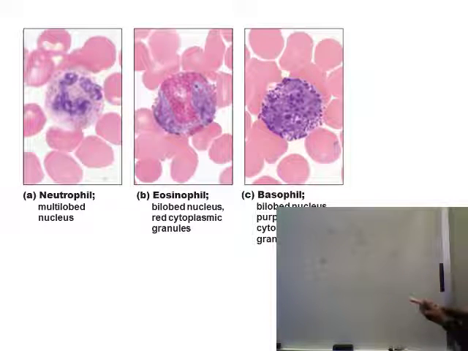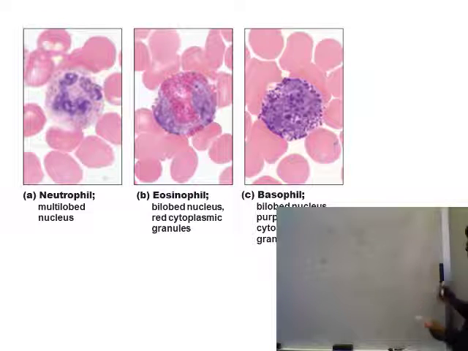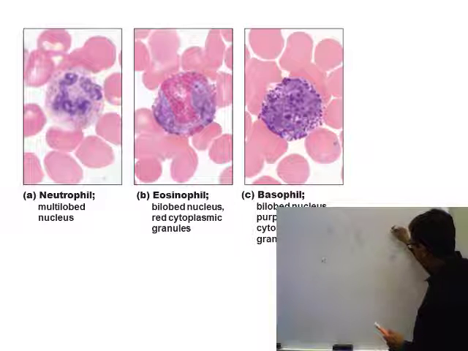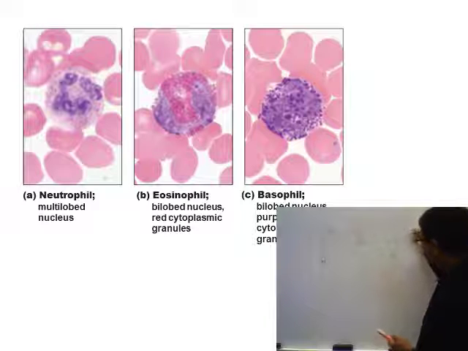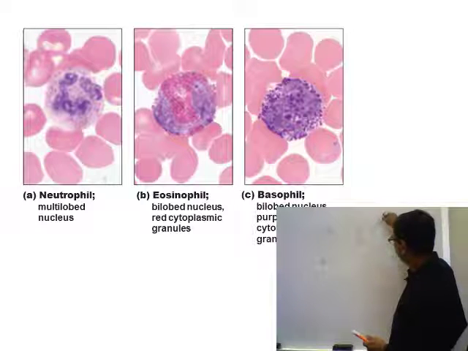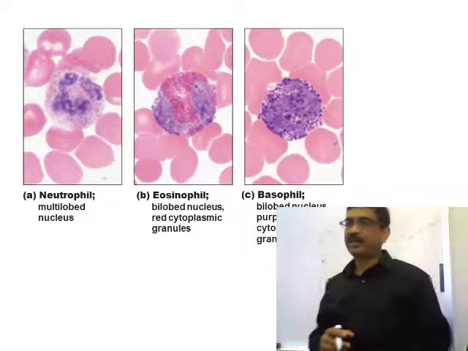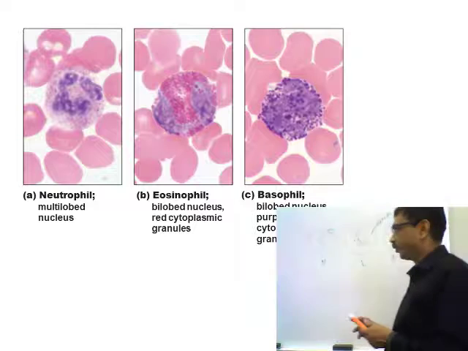If you see a basophil, you will see the bluish or purple color granules. So this is blue, remember, blue or purple. So orange. So that's how you can separate a basophil and an eosinophil.